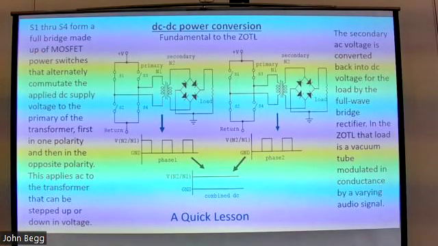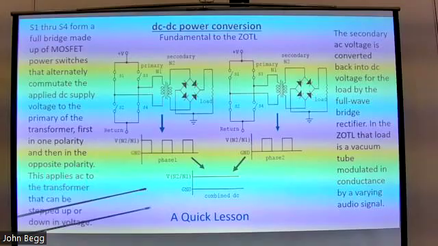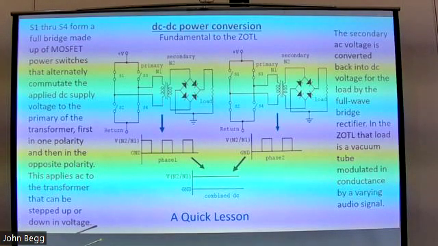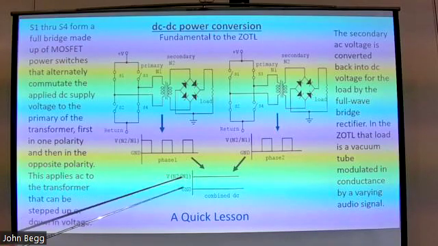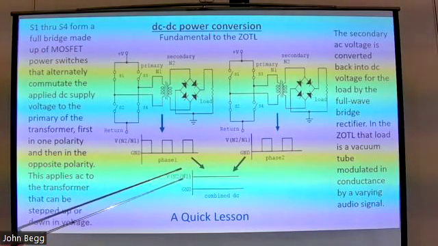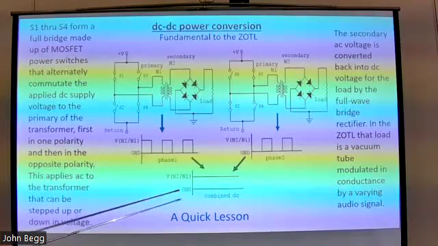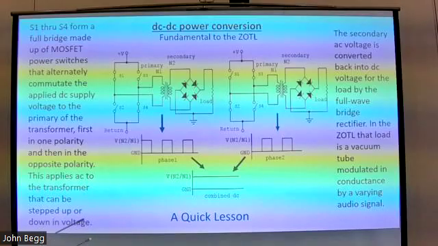So the secondary AC voltage is converted back into DC voltage for the load by a four-way bridge rectifier. In the ZOTL, that load is a vacuum tube modulated in conductance by a varying audio signal. That's important. So that's a lot to swallow, but take my word for it for now. Let's go to the next slide.